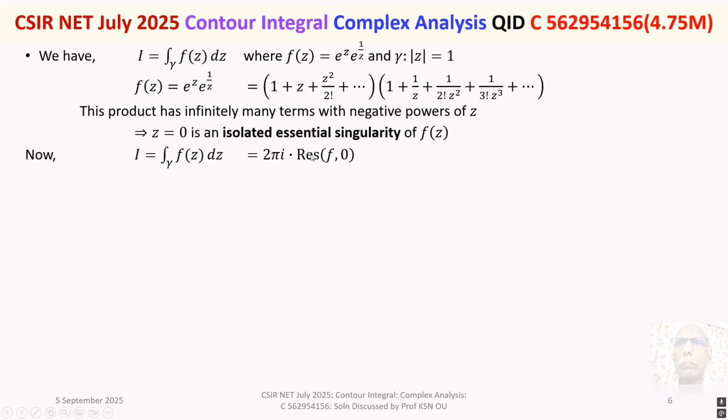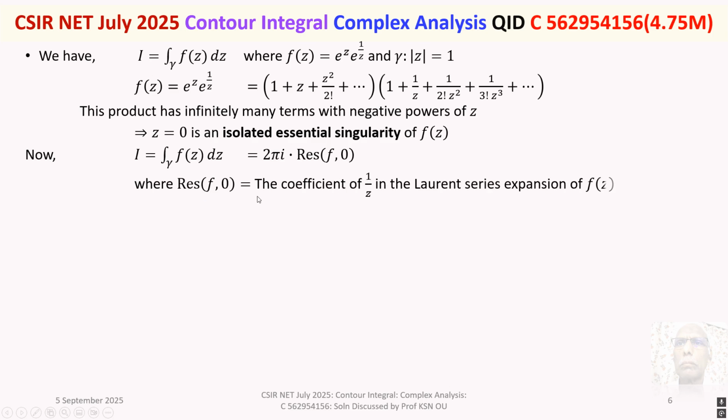But there is only one isolated singularity that lies inside gamma, that is the essential singularity at z equal to 0. So 2 pi i times the residue of f at z equal to 0, where Res f comma 0.